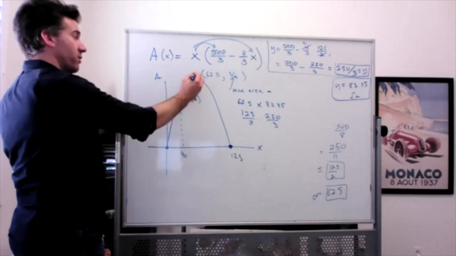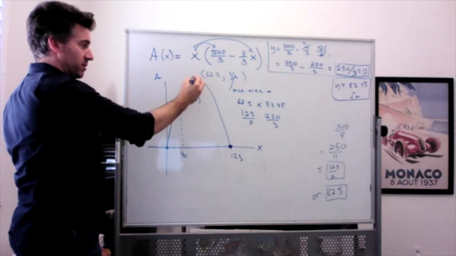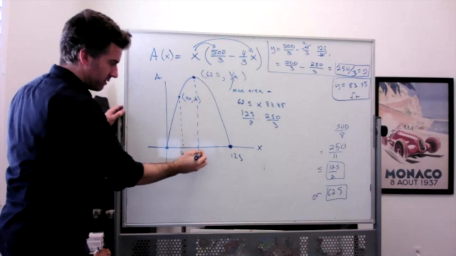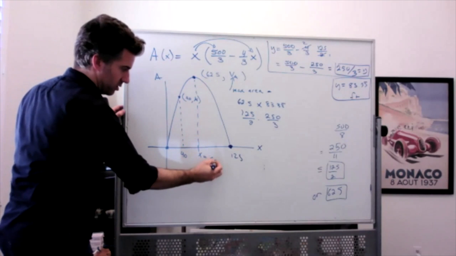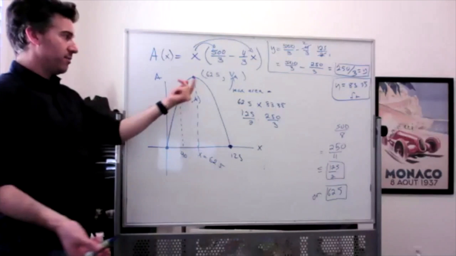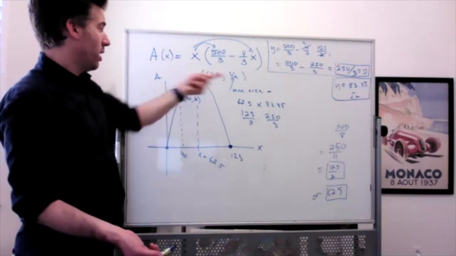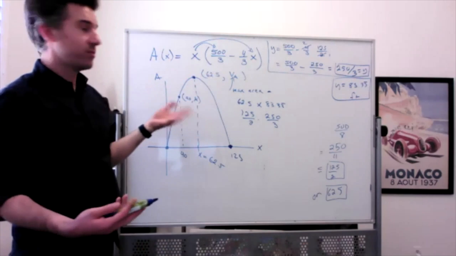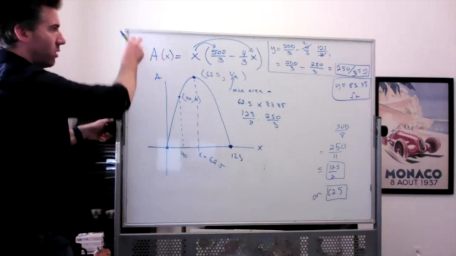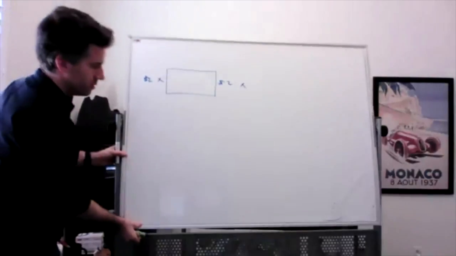And so we're looking for this point. We're looking for specifically the x value, which is 62.5, because that's going to maximize the y coordinate, which is the a coordinate, which is the area. Okay. So let's look at the next one.